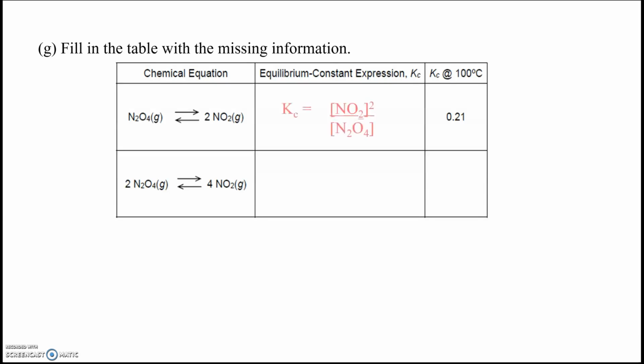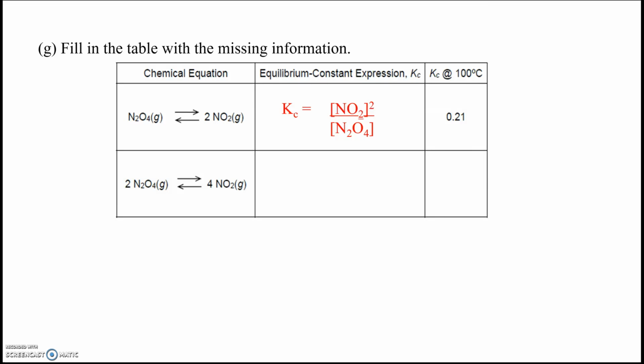All right, now we want to fill in the table with the missing information. Here we've been down this road a number of times, so we're going to fill in our equilibrium expression. Now when I look in the second row, I see something a little bit odd. It's not the reverse of the reaction, but it is the reaction multiplied by 2. Everything in it, all the coefficients, have been multiplied by 2.